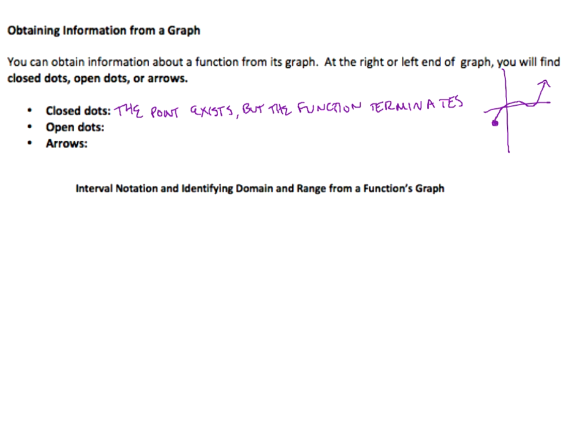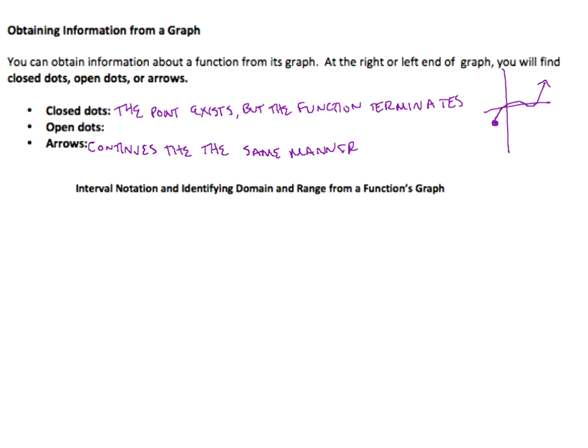It's an actual x, it's got an x and a y value, but it doesn't go past that to the left. It doesn't go more negative than that. The closed dot means it ends right here. The arrow, on the other hand, means it continues on in this manner. So I'll go ahead and define that: continues in the same manner. So for that particular one, it's going to keep on going to positive infinity in the y direction.